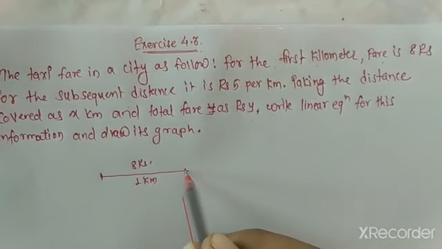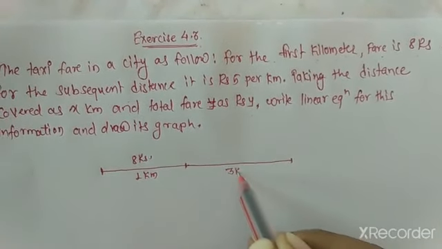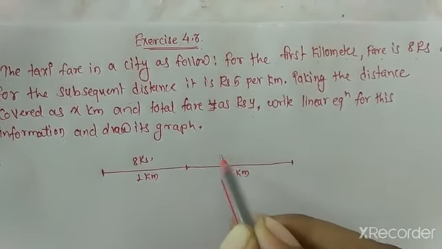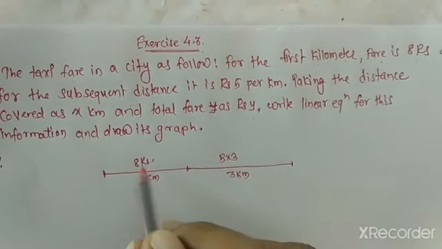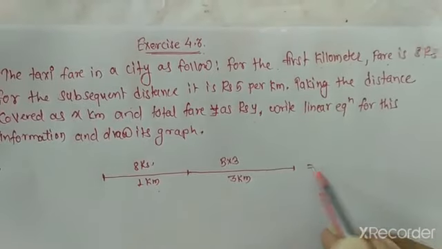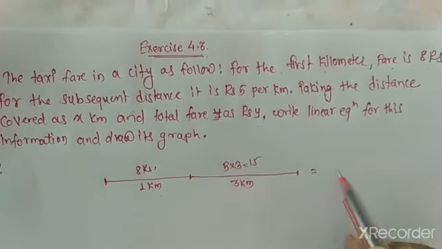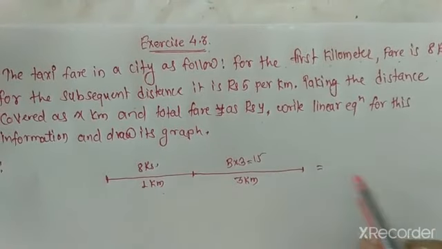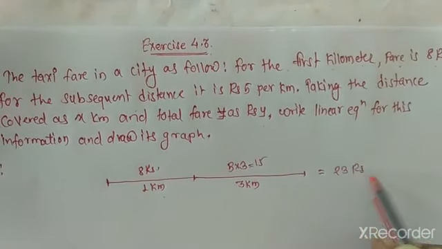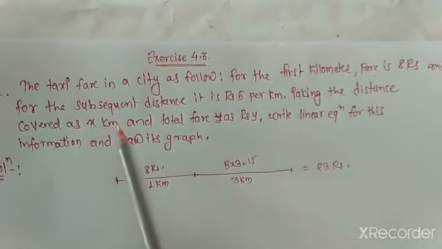That means if he goes 3 kilometers after that, it will be 5 into 3 plus 8. So its total fare will be 8 plus 15, which is 23 rupees.